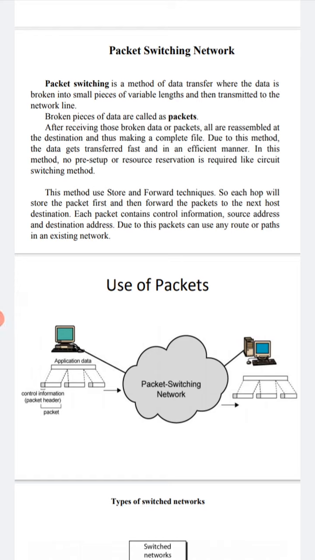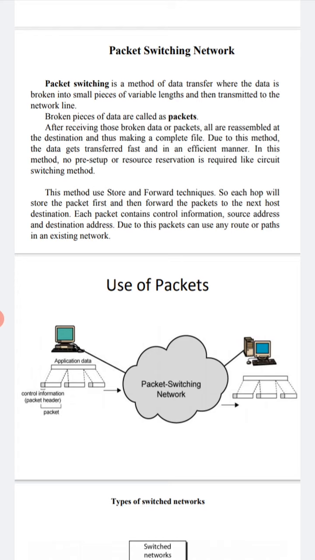In the packet switching network, this method uses the store and forward technique. Each hop will store the packet first and then forward the packet to the next host towards the destination. Each packet contains control information, the source address and the destination address.